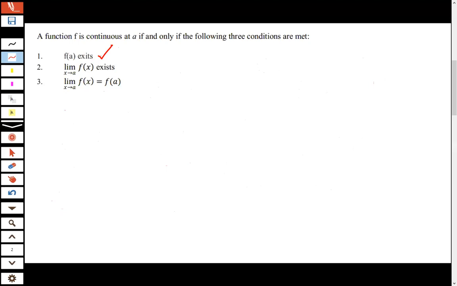Or when you find that f of a exists, and then you discover that the left side is not equal to the right side, on the second step, it means that the limit of f of x as x is approaching a does not exist. And if it does not exist, you can also conclude that the function is not continuous at the given point a.